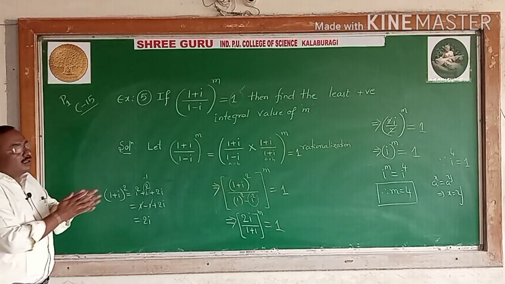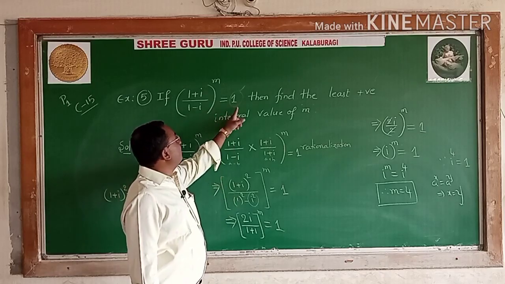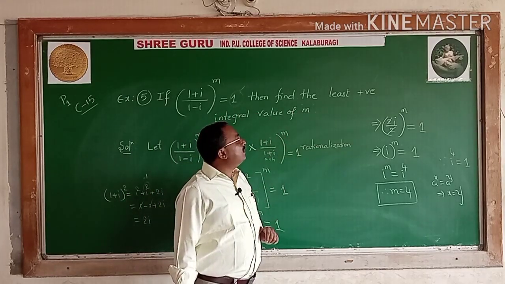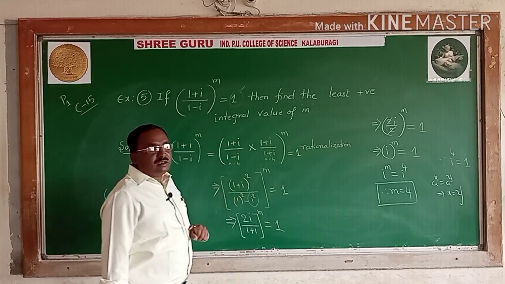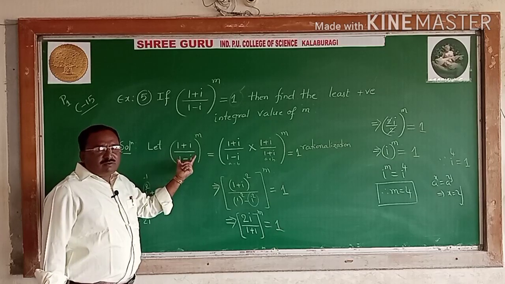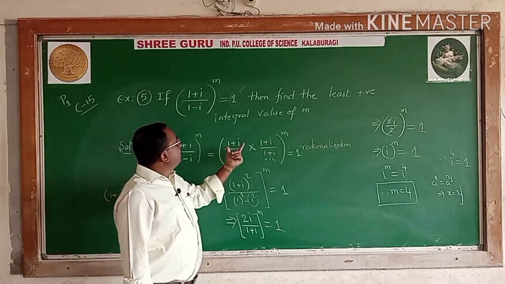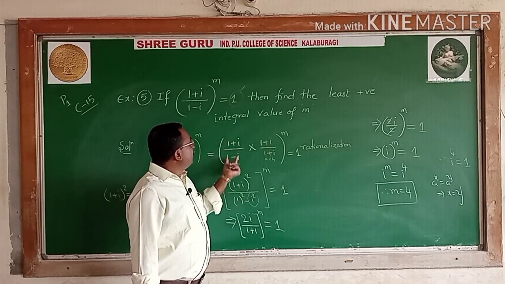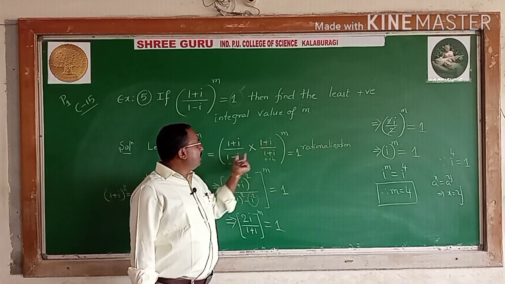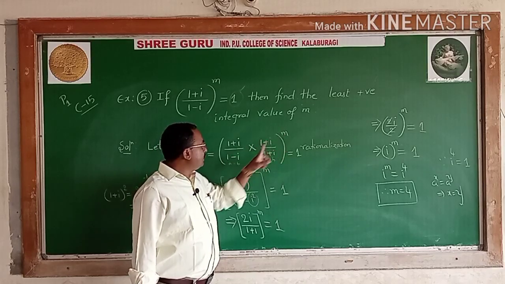Listen here: if (1 plus i divided by 1 minus i) whole power m is equal to 1, then find the least positive integral value of m. This is division of complex numbers. First simplify this one. Rationalize: the denominator 1 minus i becomes 1 plus i, divided by 1 plus i whole power m as it is.